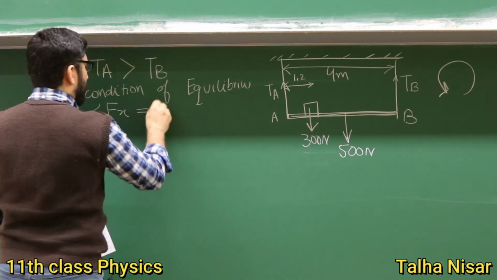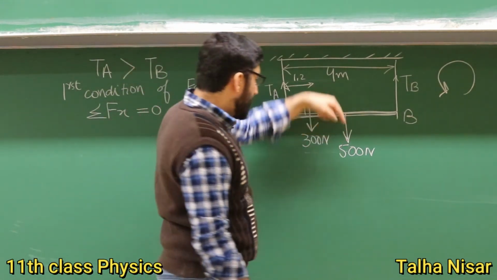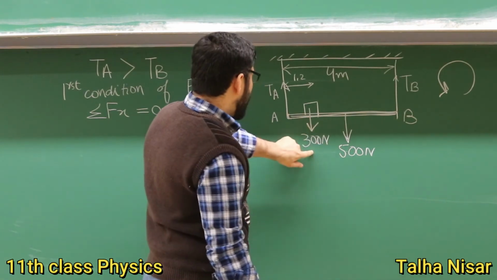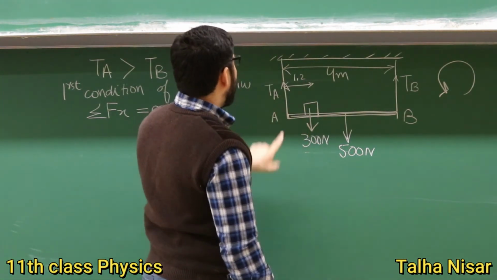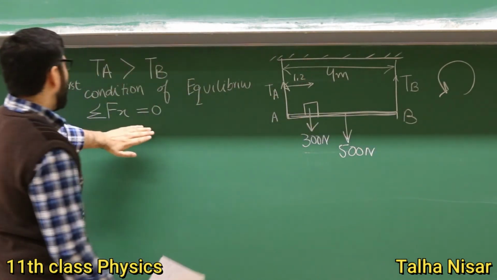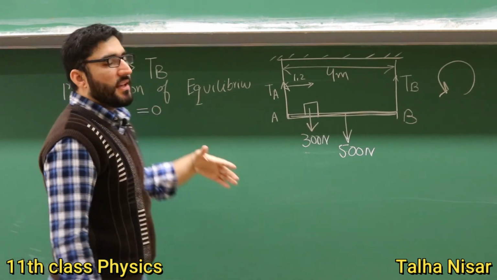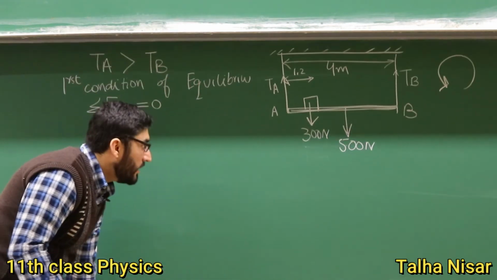It is 0 because there is no force in this direction. The only forces that we see here are in the y direction. TA is in the upward direction, and the weights are in the downward direction. So we completely ignore Fx, the force in the x direction, because there is no force at all.